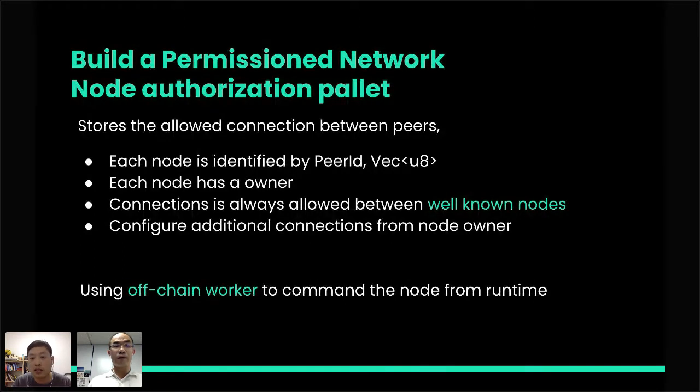And each organization will have one representative node, and this node can join as a well-known node, and these 3 nodes from different organizations can connect to each other. But a single organization has further nodes to join the network without connecting to the nodes from other organizations, just connecting to its own well-known nodes from this organization. We'll have a topology picture later. Are these well-known nodes defined in the chain spec or the genesis block at the beginning?